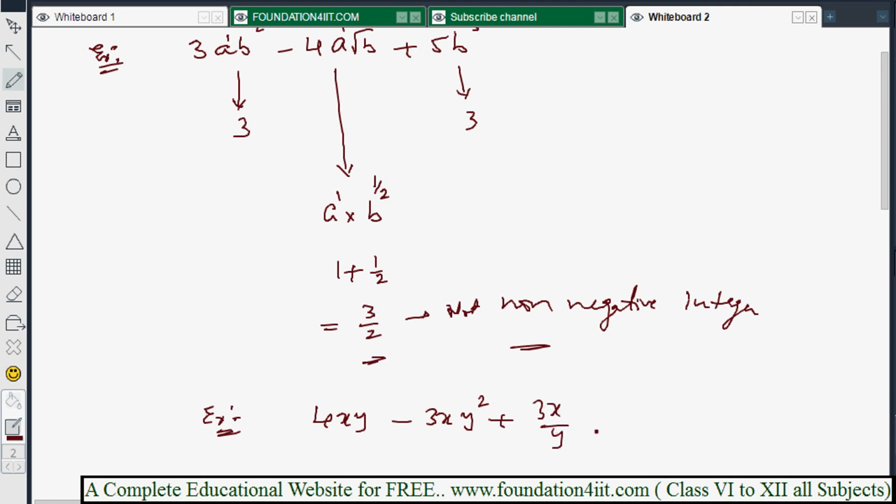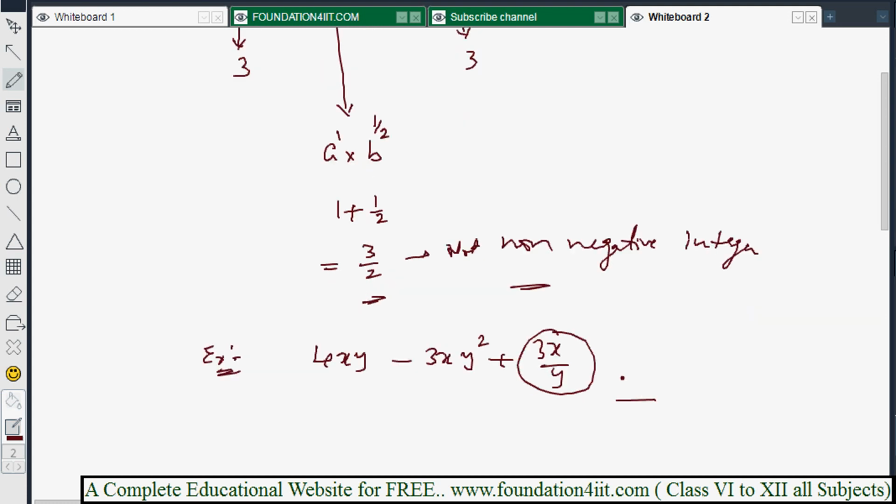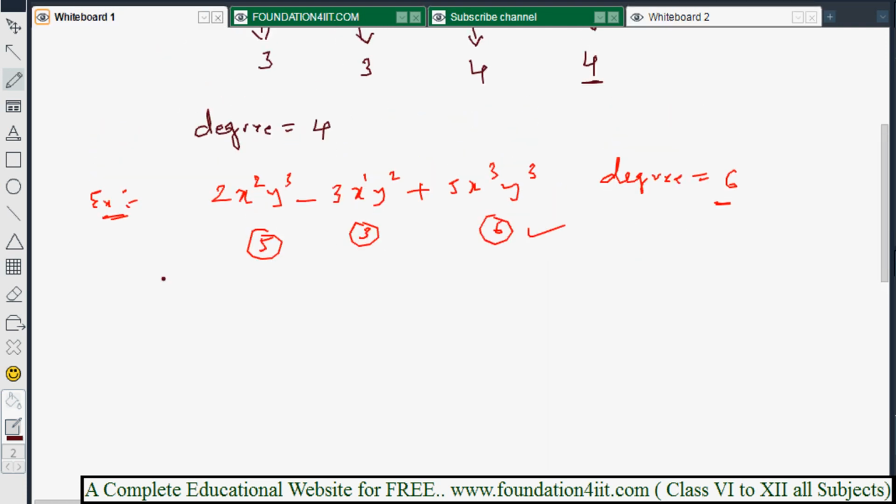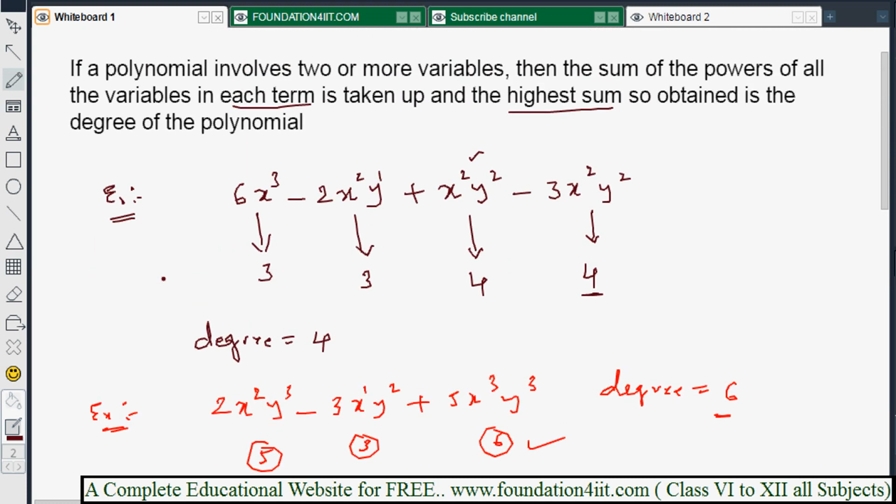It contains 2 variables. But is it a polynomial or not? It's not, because 3x by y we can write as 3x y to the power minus 1. So it's not non-negative, it's a negative integer power. So it's not a polynomial. Whenever it is a polynomial in 2 or more variables, we need to add the powers for each and every term. The highest one we take as the degree for that individual polynomial.